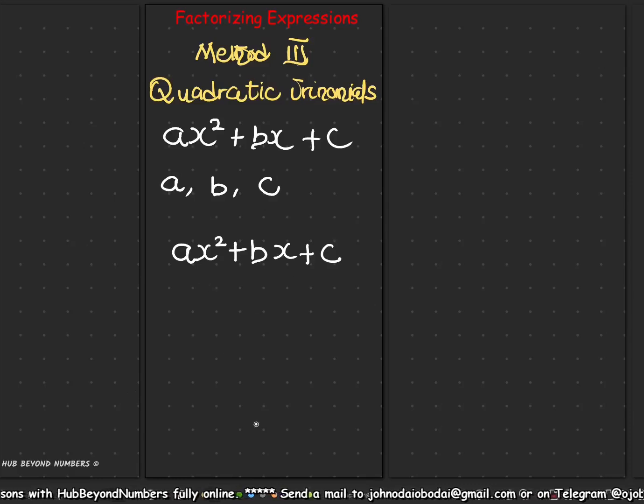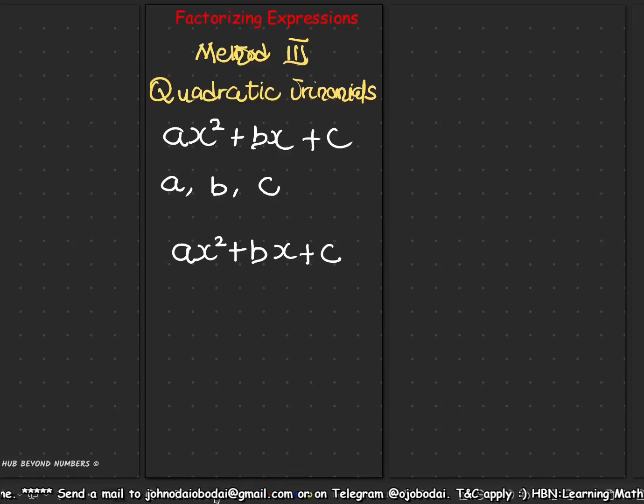For a general overview, what we usually do is you multiply whatever value you have as your a. Sometimes it could be 1. If it's 1, fine, you can just easily work it out. But if it is not 1, you multiply the value of a here by c.